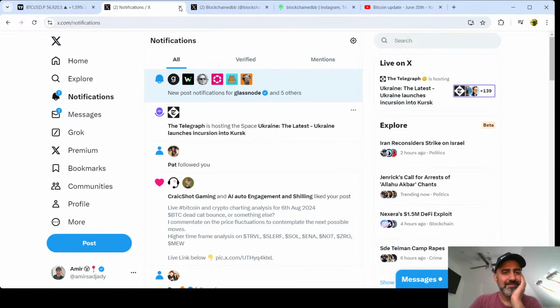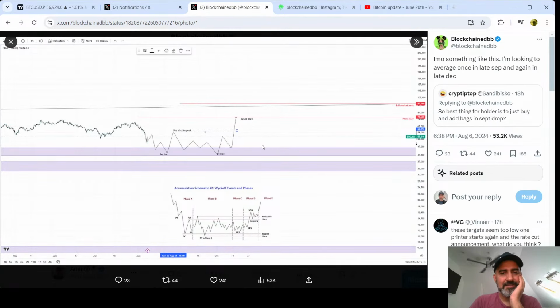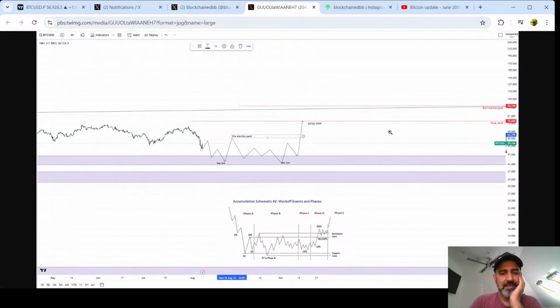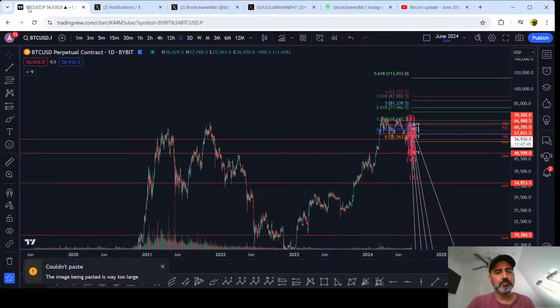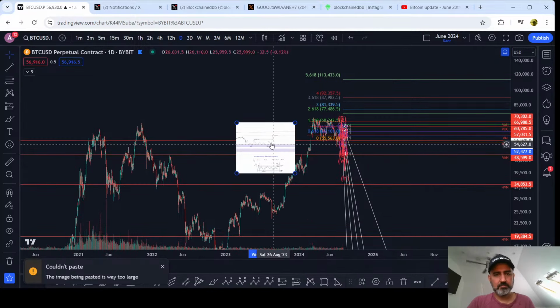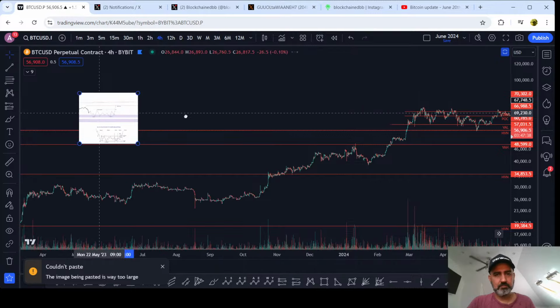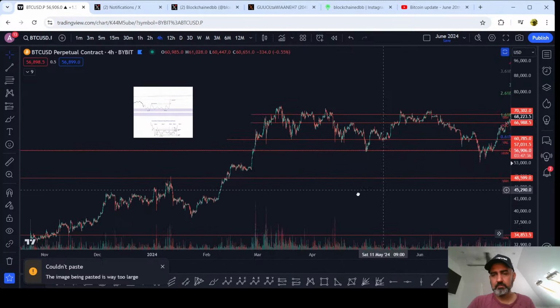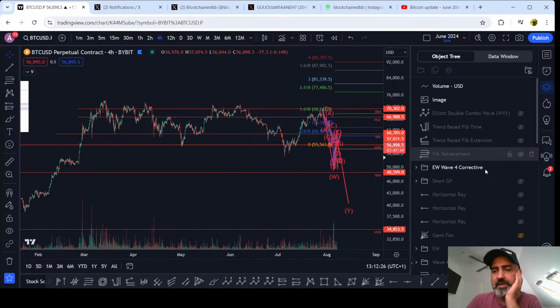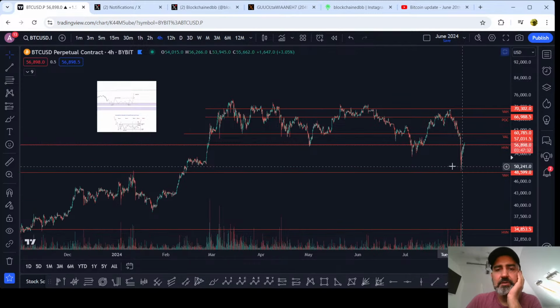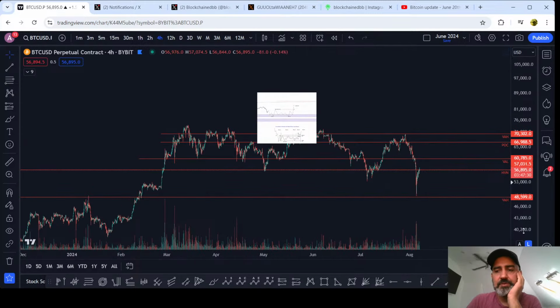How do I do this? Why is that a large image? I don't need all of it, actually. Just cut and paste some of it. So get rid of this corrective thing here. Keep the volume levels.